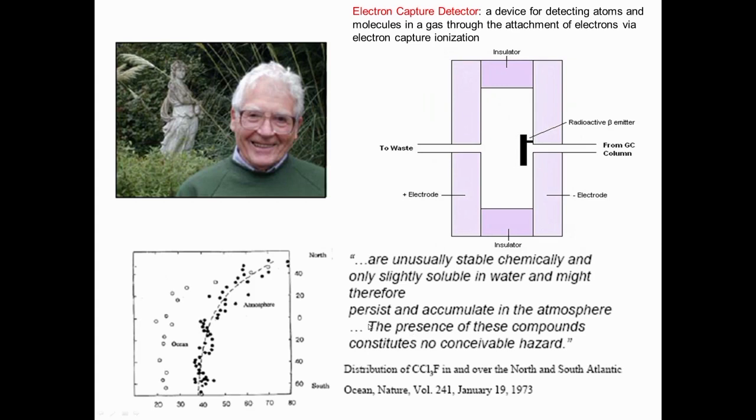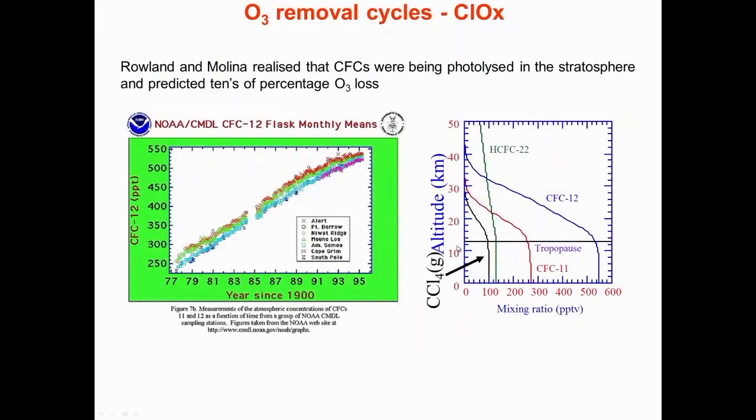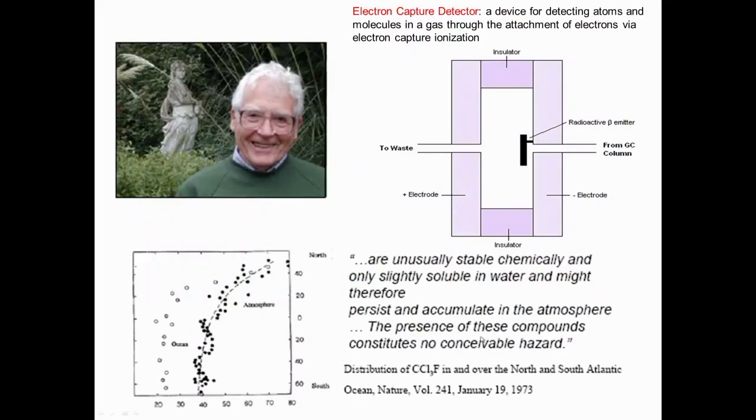And look at that last statement there: the presence of these compounds constitutes no conceivable hazard. So this was before anyone postulated the ozone depletion cycle. They thought that DuPont chemicals were completely inert and presented no conceivable hazard.